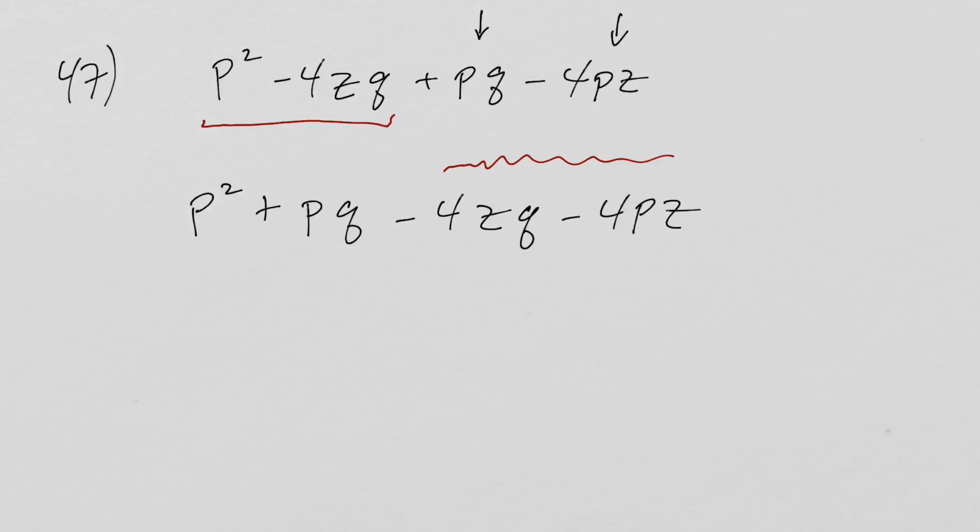Okay, so the first two, it looks like there's a p in common. So I pull out the p, and I'm left with p plus q. Now, what I want to do is leave a big space and put p plus q down again immediately. Then I'm going to think about what goes here so that I multiply back and get to these things. And again, it might be out of order, but that's okay.